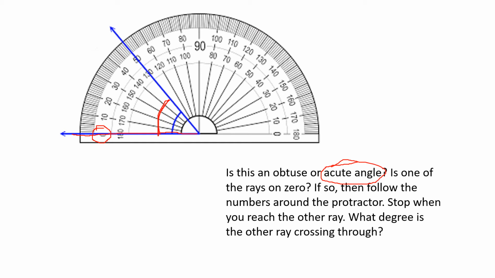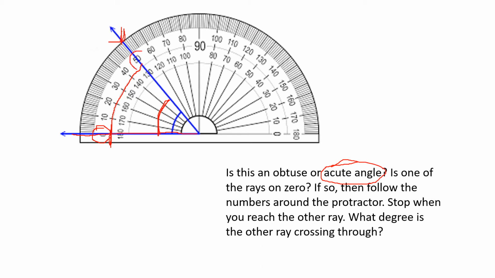So I'm going to use the outside numbers to determine the measurement. I'm going to follow the numbers around until I get to the other ray. I can see that the ray is crossing right here. Now I'm going to look at the numbers that the ray goes through.